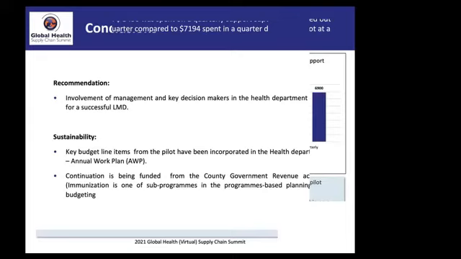And for sustainability of this program, from the lessons learned, we found that it is very, very cost effective. As a county, we embedded the cost of carrying on with the last mile into our annual work plan based on the program-based budget. As we are speaking now, the county is funding the activities that were being funded during the pilot.